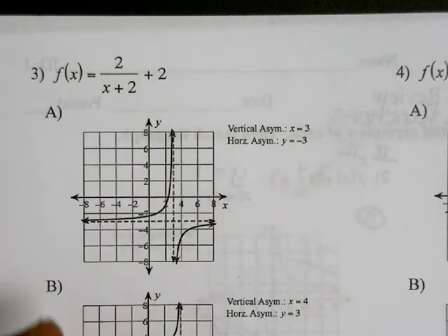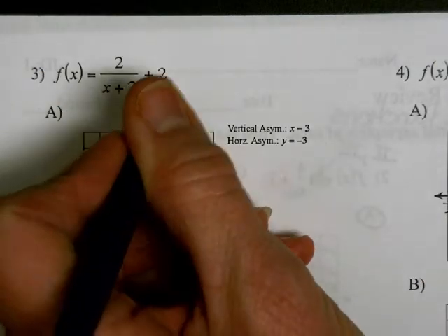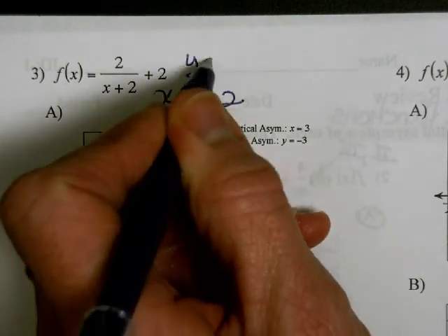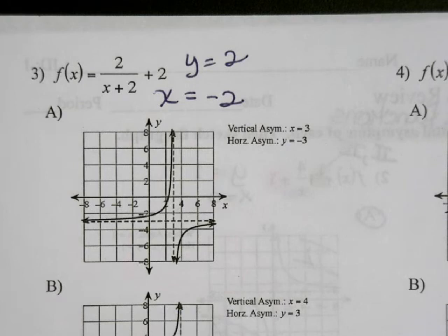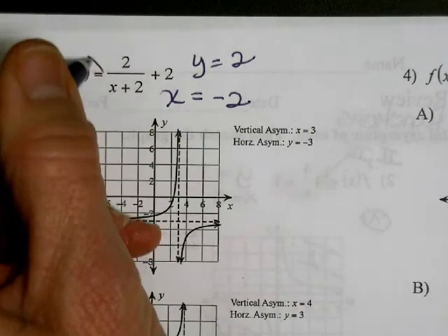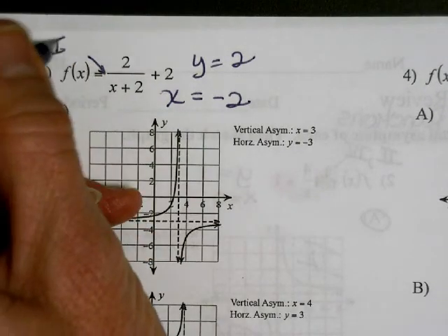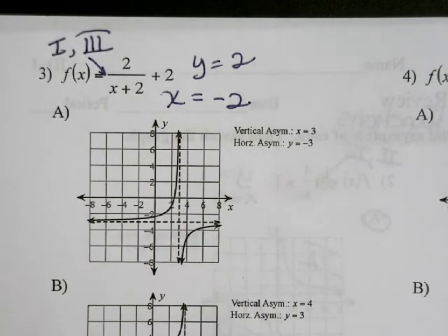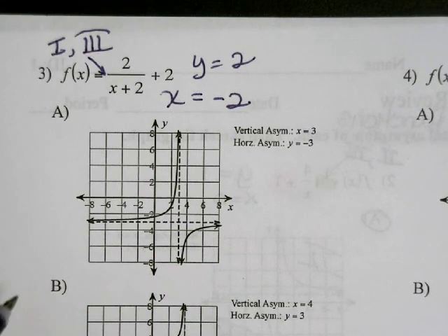So I'm just going to go right to the vertical asymptote, horizontal asymptote, and there is no negative in front, so it's regions 1 and 3. So I'm pointing at nothing. Right, correct? Yep.